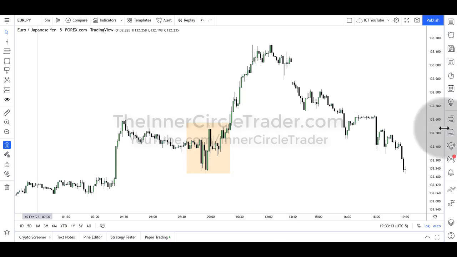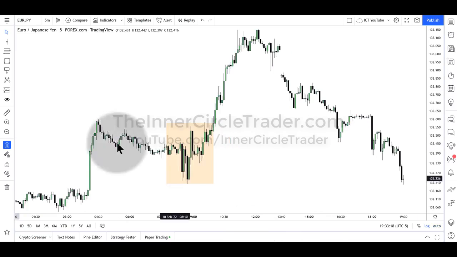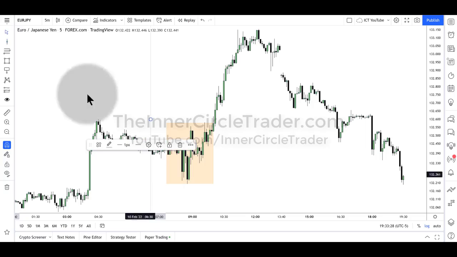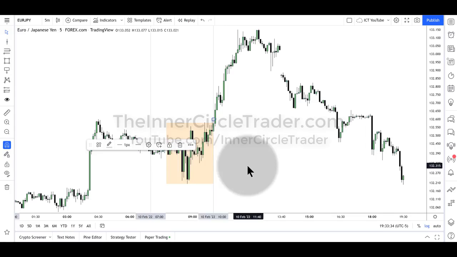And if you take a look at 7 o'clock in the morning to 10 o'clock in the morning, that's your New York ICT kill zone. That's the time of day that New York session trades form.